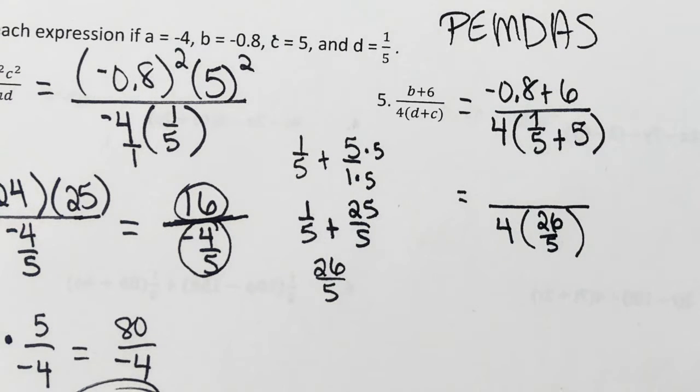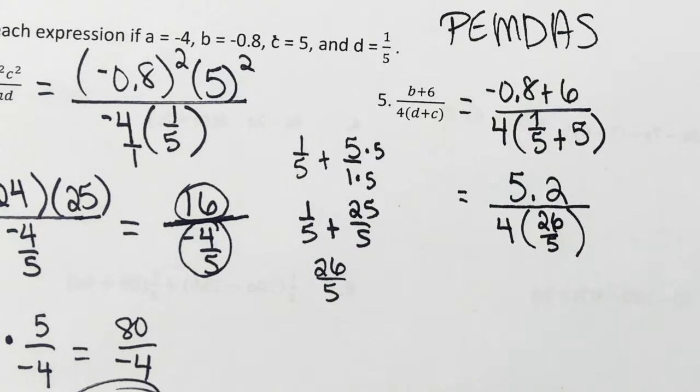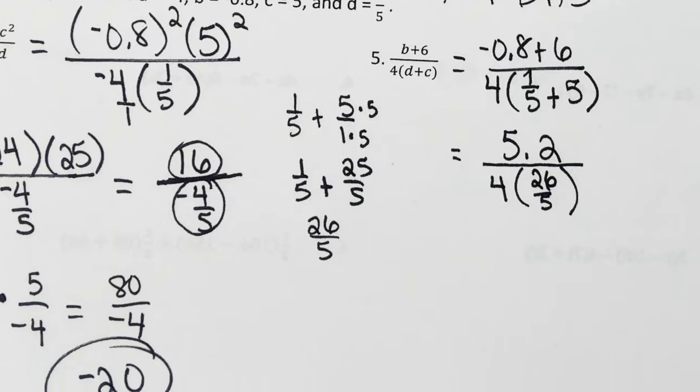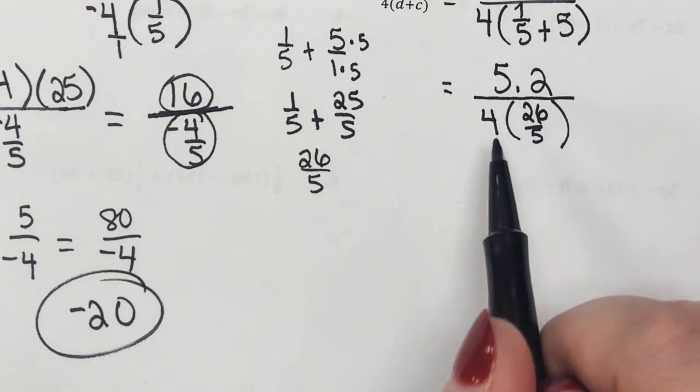The top was easy. What's the top give me? Use your calculator real quick. 5.2. 5 point how much? 5.2. 5.2, very good. All right, you see anything else we can do? Very good. How do I do that? What do I do to the 4?